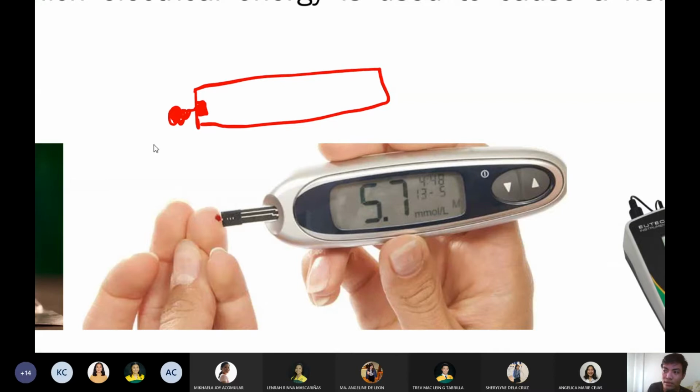So gagawin ng device is i-measure niya yung voltage difference, no? Kunwari, naglabas siya dito ng 10 volts, tas pagdating dito, 9 volts na lang. So, depending on the voltage difference or in the current difference, no? Depending sa difference ng reference and the output na voltage, let's say, may corresponding concentration yun.